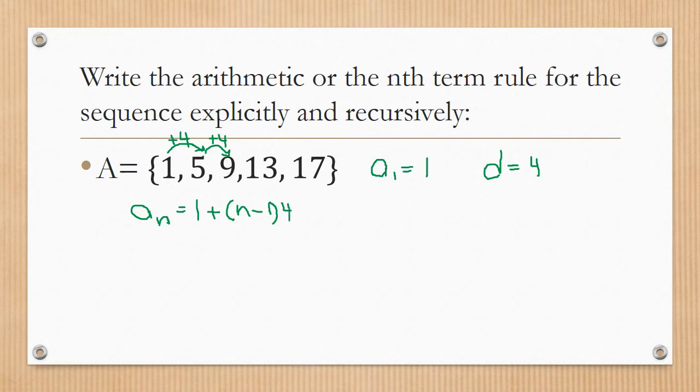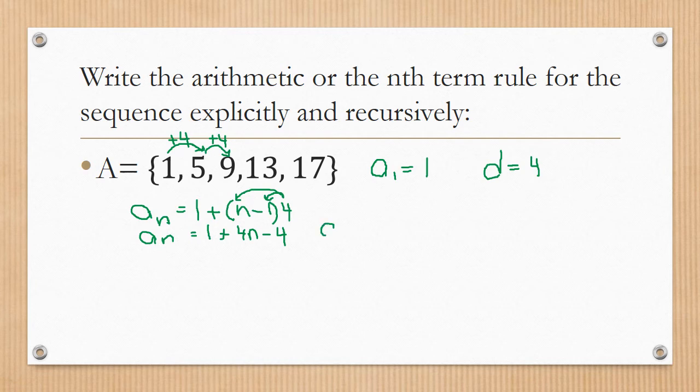Now, I can simplify this even more by distributing the 4 into the parentheses. So I'm going to have a sub n equals 1 plus 4 times n, that's 4n, and 4 times negative 1, which is negative 4.